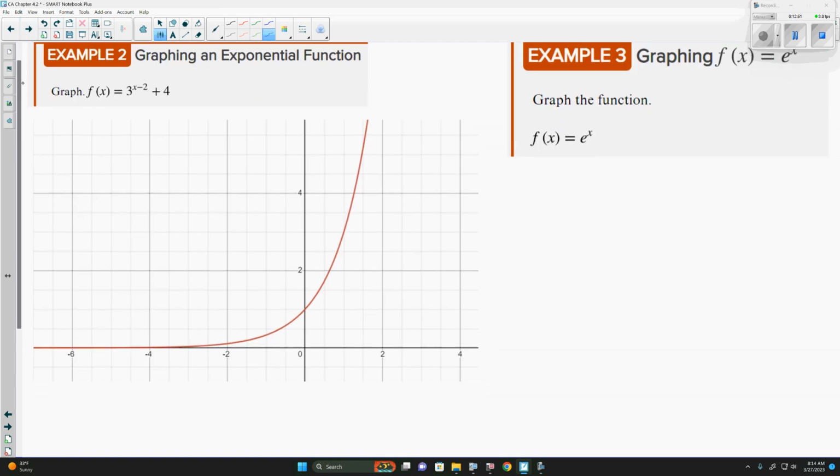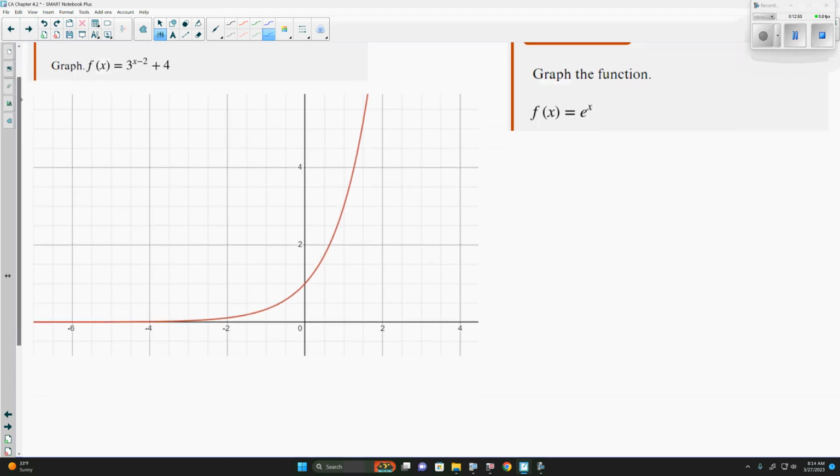So if we look at this function here, f of x equals 3 to the x minus 2, plus 4. This function that's given to us is the function f of x equals 3 to the x. That's the function they gave us, already graphed.